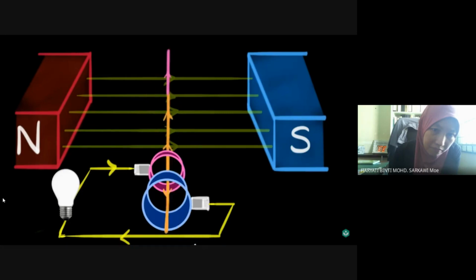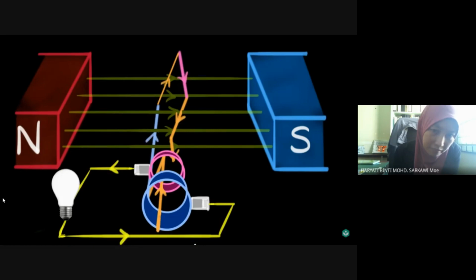Now, once our coil comes to this position, we've seen that the current reverses. So now, the current will flow out of the pink ring, through the bulb, and enter into the blue ring. For every half a rotation, the current through the bulb also reverses.